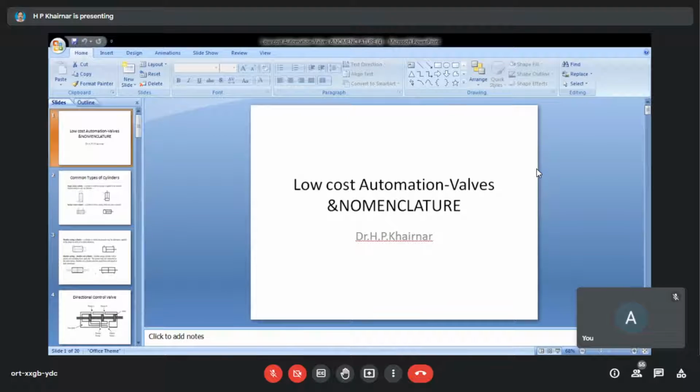The reason to start with this low cost automation, as I told you earlier, is that if you see the content of this subject, almost 80% of it belongs to the electrical and electronics part. So it becomes very difficult for you people to understand. Always remember there is some constraint.